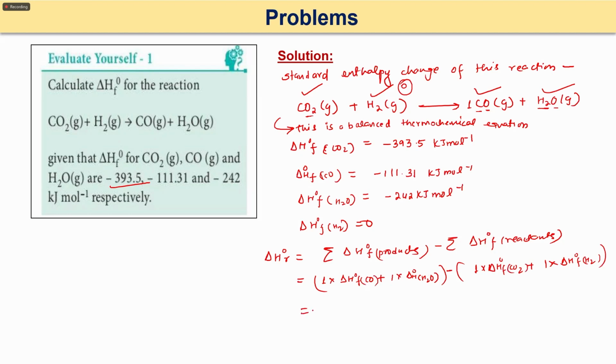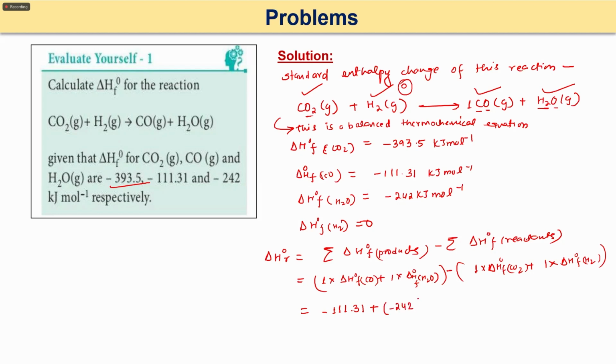Okay, so the enthalpy of formation of carbon monoxide is minus 111.31 kilojoule per mole. Next, the enthalpy of formation of water is minus 242 kilojoule per mole.